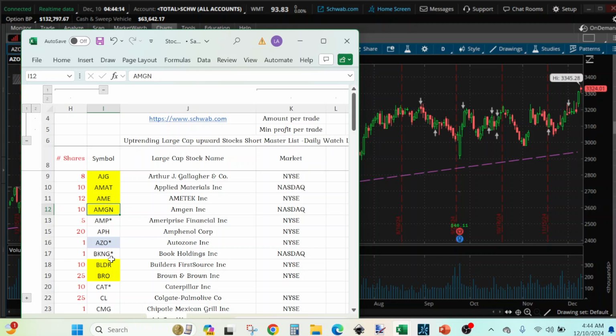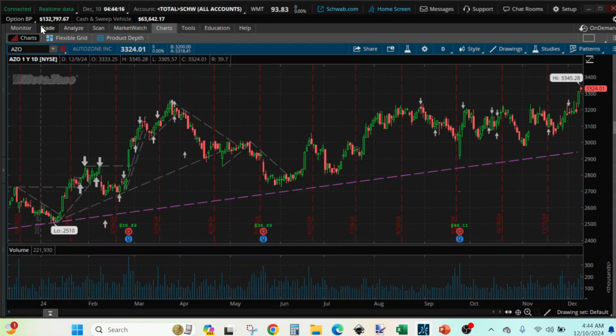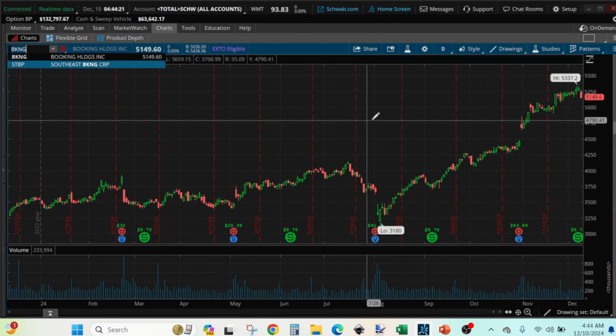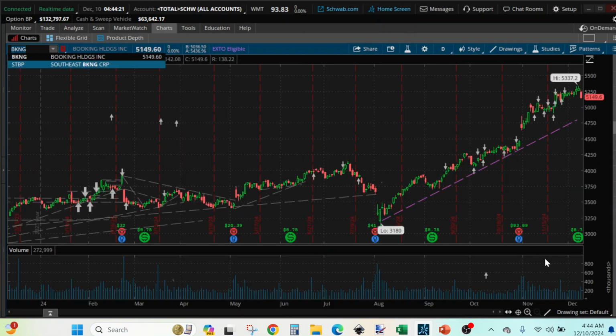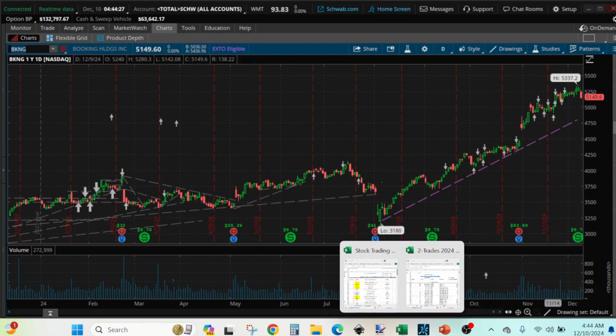The next one is BKNG. So BKNG, what is the line? Okay, it's far from the trend line that we like to buy on.